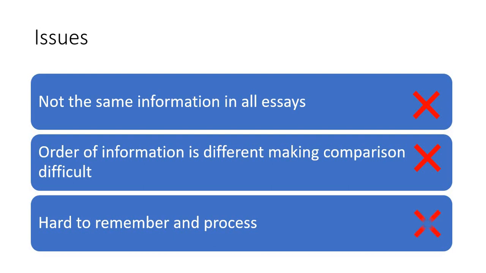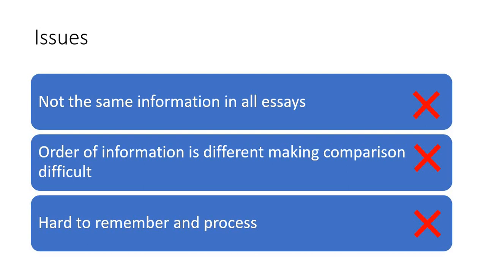Third, the descriptions are rather long, and suppose you have 50 students in a class. If you start reading these descriptions, it will become really hard for you to process information. And when you are reading the 50th description, you will probably have forgotten the first description.